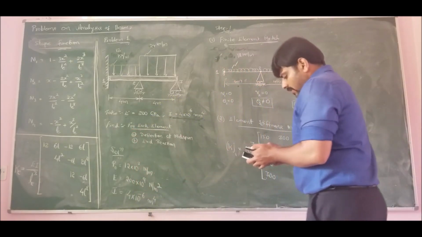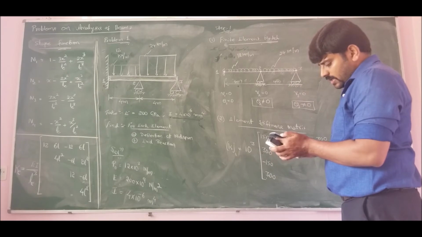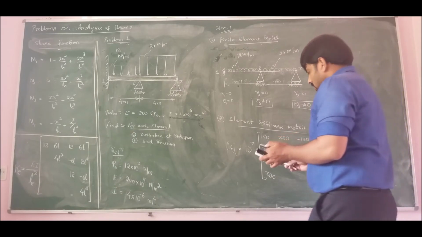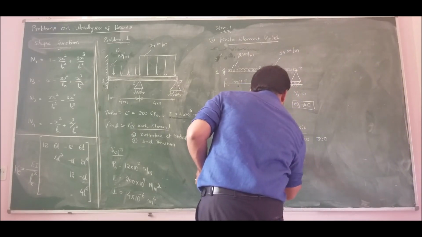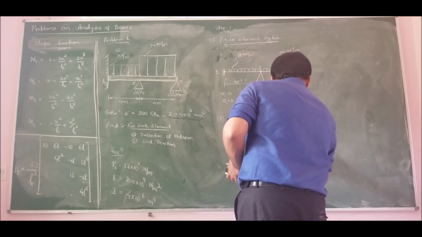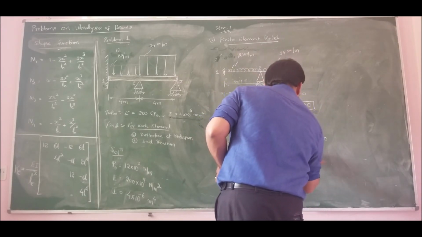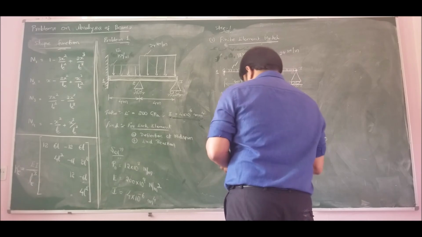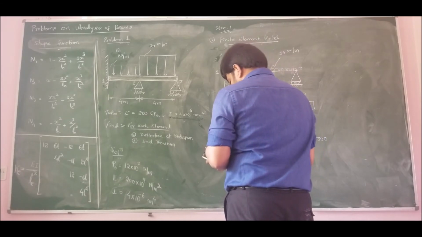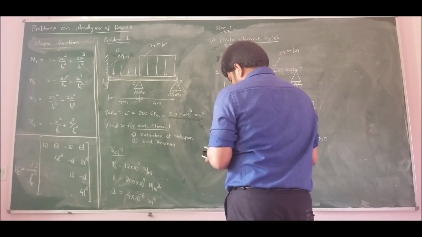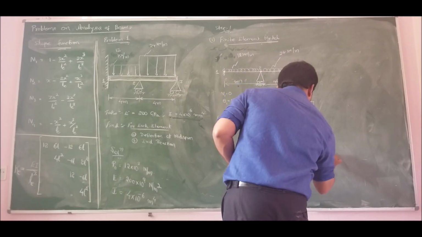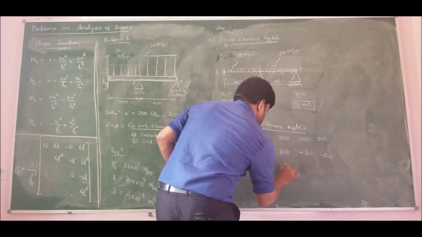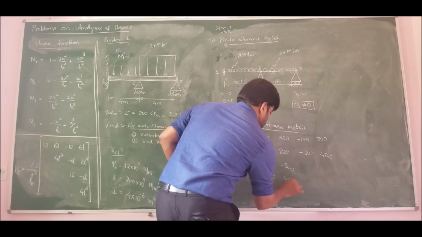Now coming to the second row, it is 4 into 4 square into 12.5. I get 800, minus 300. Next is 2 into 4 square into 12.5, which will yield 400. Since it is symmetric, let me fill the matrix.